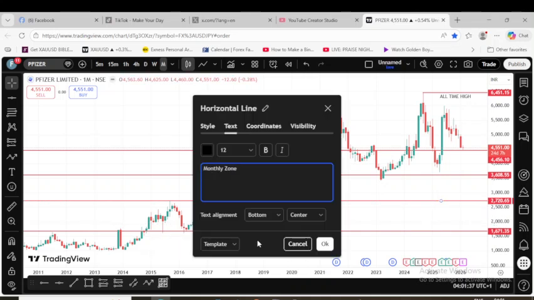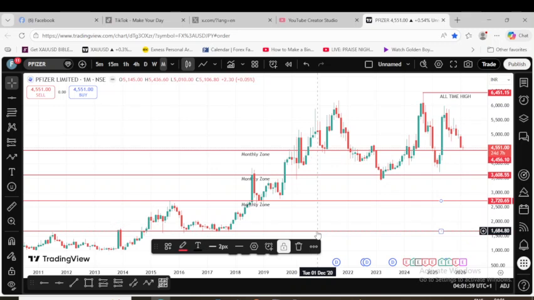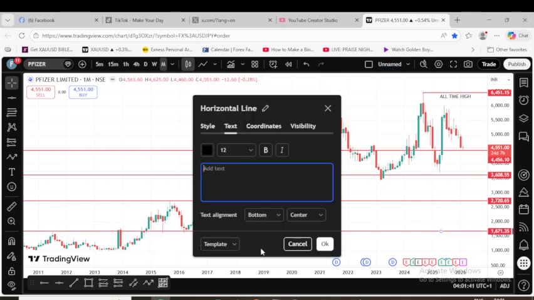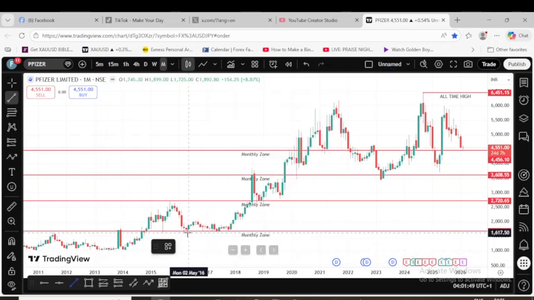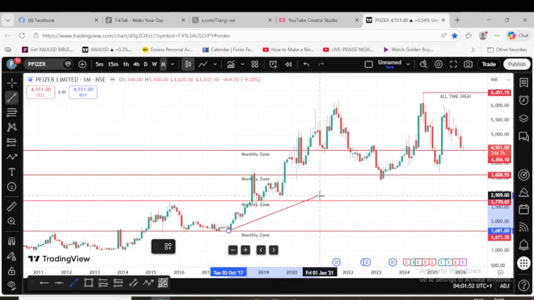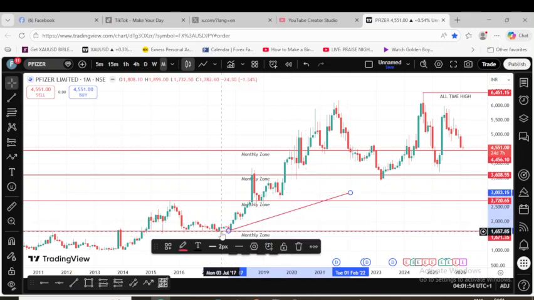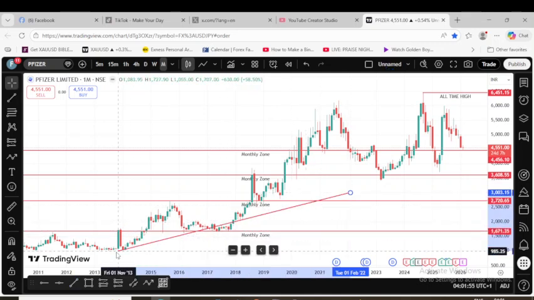Next, we want to see if we can draw a trend line, and there's a clear uptrend already. Okay, so I believe we can draw a trend line from here. Hold on, let me see what I can do with this trend line.